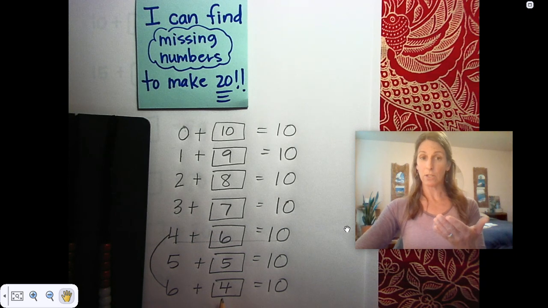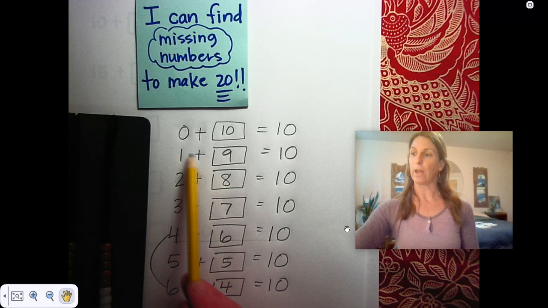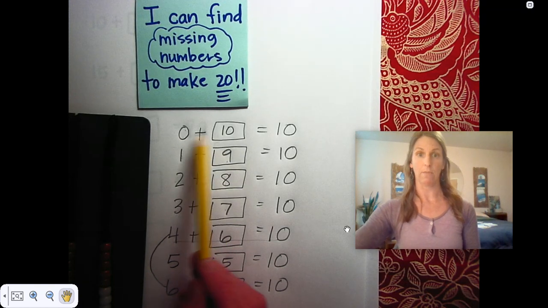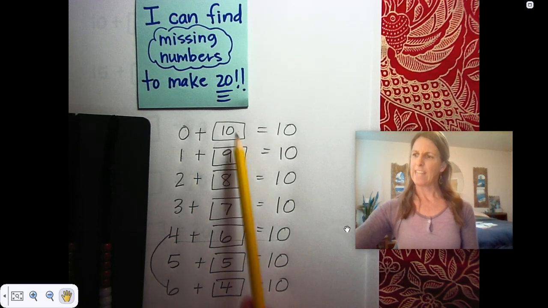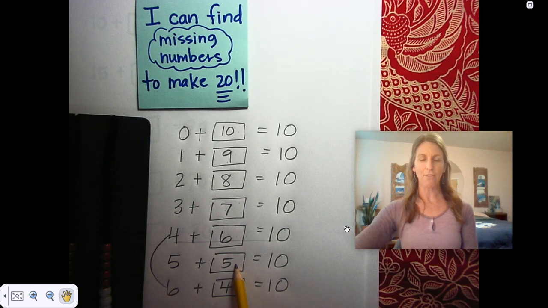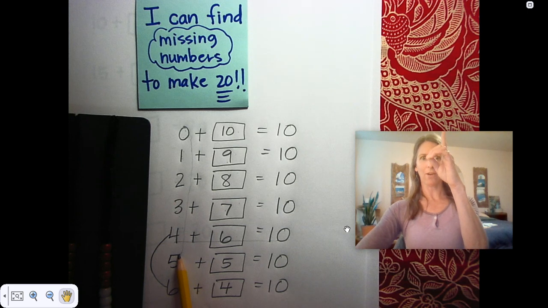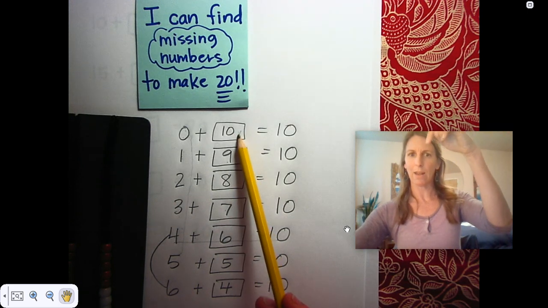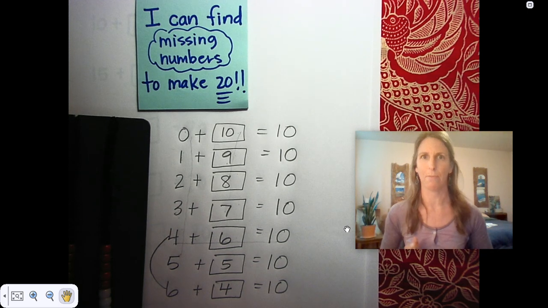So if we continued on, we'd just be flipping these partners right here to make the rest of the equations. Look at that cool pattern. 0, 1, 2, 3, 4, 5. 10, 9, 8, 7, 6, 5. Whoa, the numbers were getting bigger, and then the numbers were getting smaller. I love math patterns.